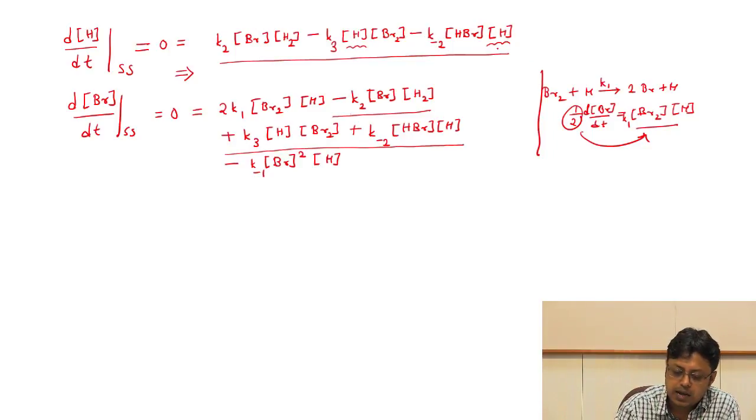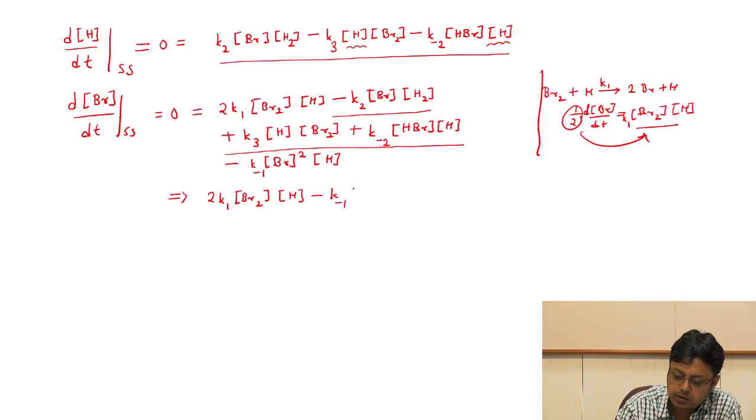So from the hydrogen radical equation, we can remove this entire part, and then we can write 2K1 into Br2 into M minus K minus 1 Br squared into M equals 0, because the part which I have underlined here is also 0.